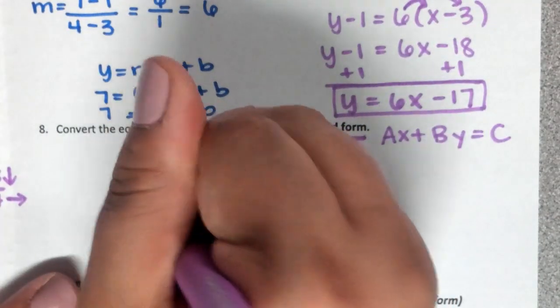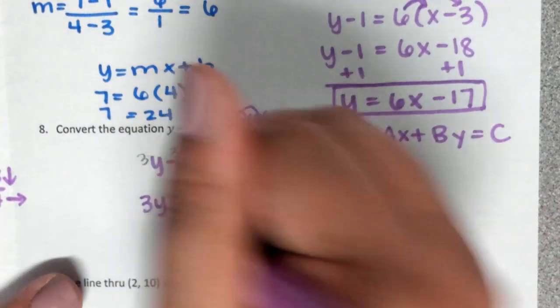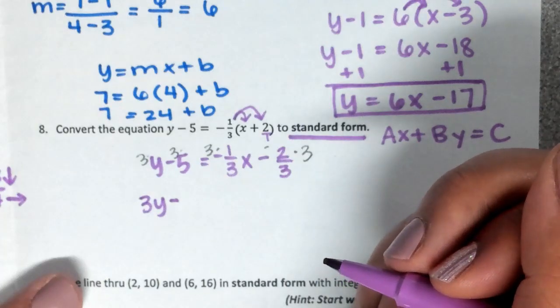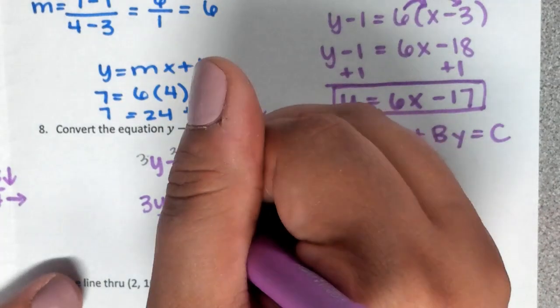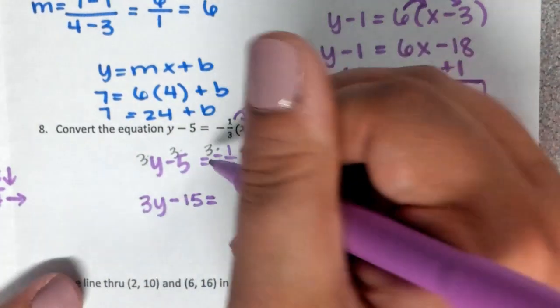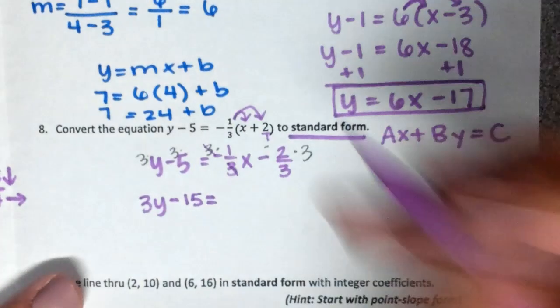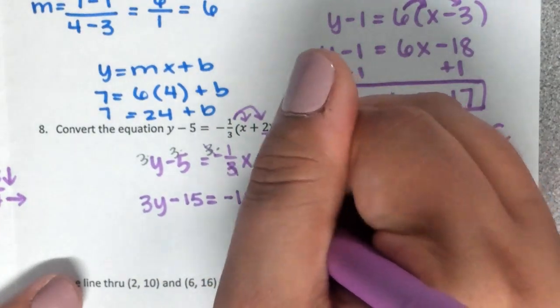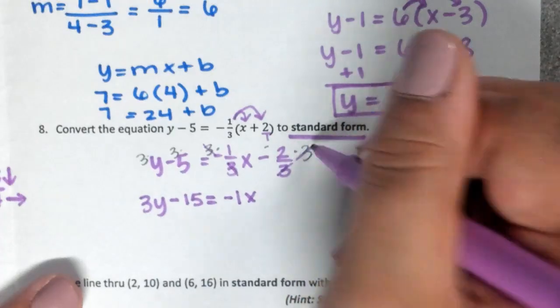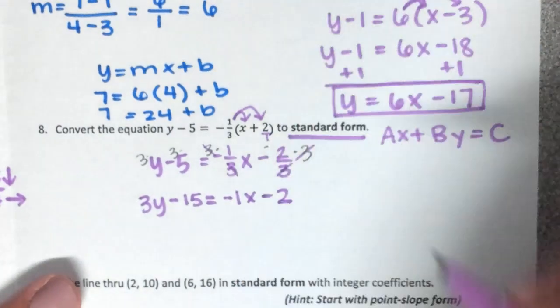So that gives me 3y minus 15 equals, do y'all agree these 3's cancel? So negative 1x. And do you agree these 3's cancel? Minus 2.